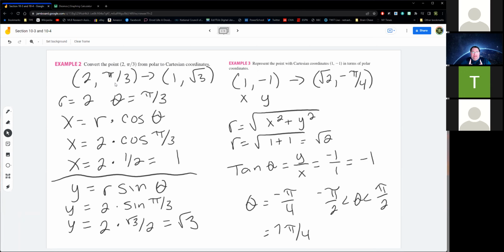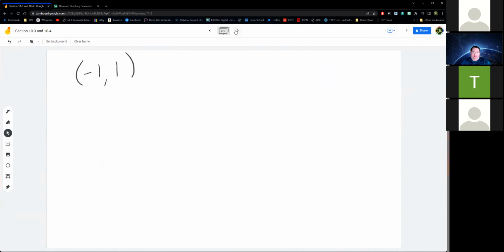So if my x and y were switched, so let's say I had this one. If I had -1, 1. If we looked at my radius, I would still get 1 plus 1, still is the square root of 2. The tangent of theta is still 1 over -1, which is -1.